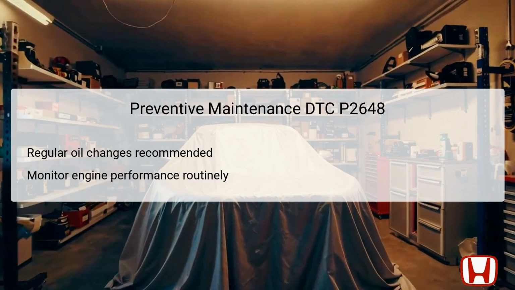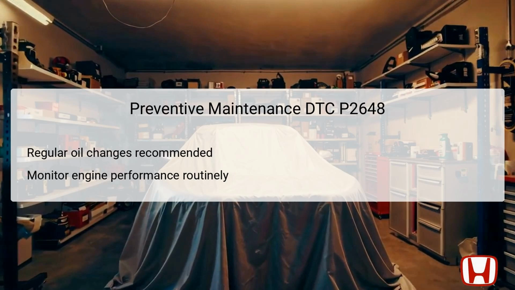Additionally, routine monitoring of engine performance can catch potential issues before they escalate into more significant problems. Using high-quality oil and adhering to service intervals can prevent deposits and contaminants from affecting the rocker arm oil control solenoid and other related components.